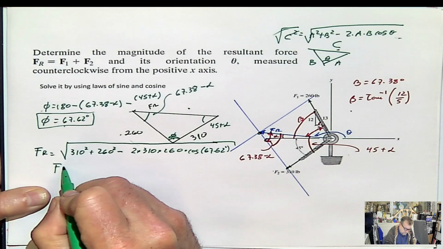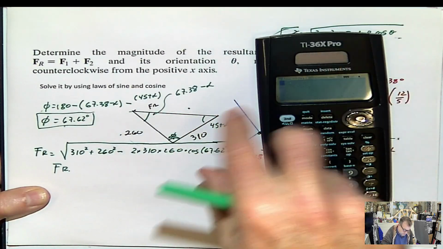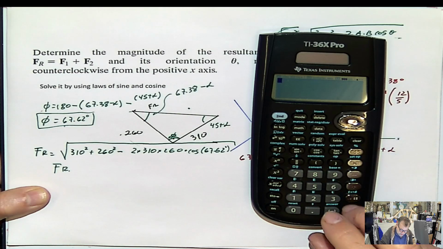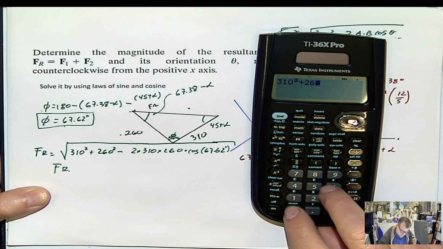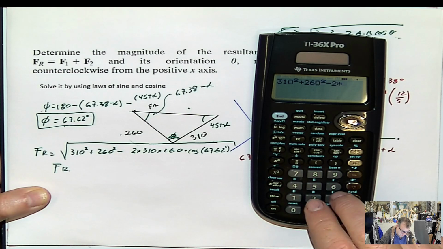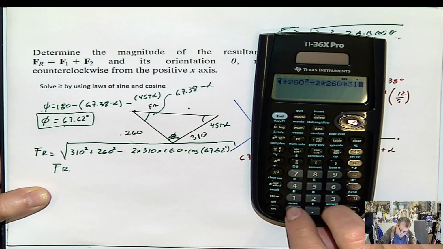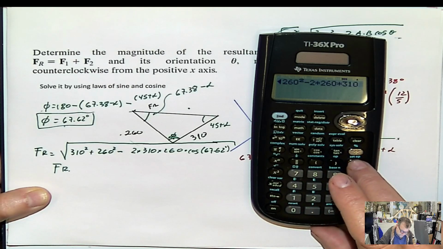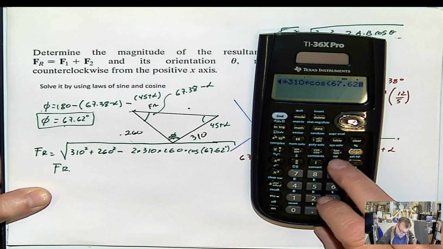Perfect. So the resultant force, when we calculate that, you can put it in the calculator. I like to do it by parts. I like to take the square root at the end, but you can do it any way that you want to. So 310 squared plus 260 squared minus 2 times 260 times 310 times cosine of 67.62.